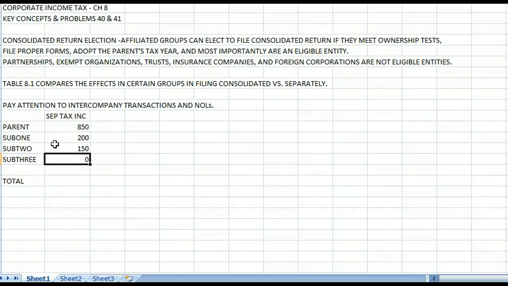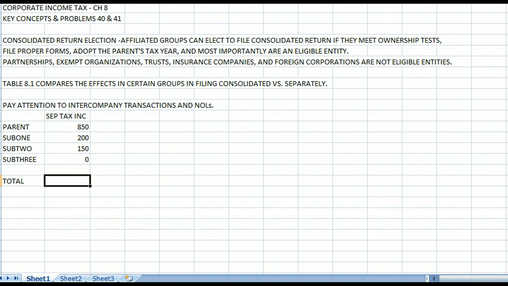Now I know the problem says a -90, they had a $90 loss, but if they had a loss, they didn't add to the tax liability of the consolidated group. If anything, they took away from the tax liability of the group. So you don't want to ask them to share in some of that. That's why we're going to put in a 0.